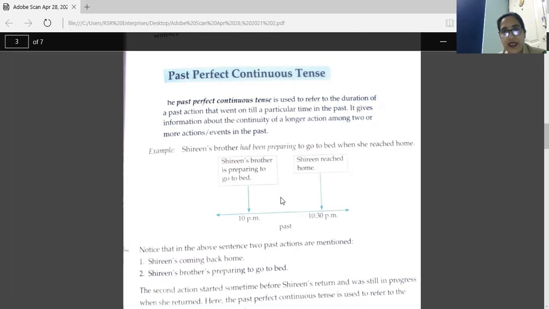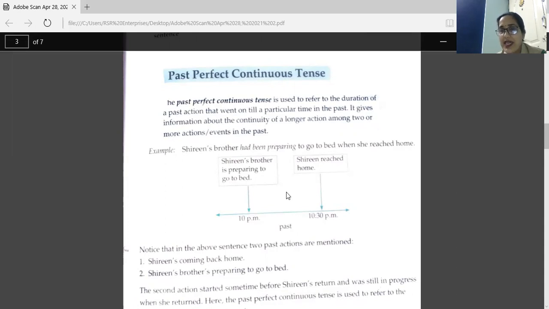So this way it is explained here. Shireen's brother is preparing to go to bed this time, and here reached home this time. So he started at this time and it continued till this time.